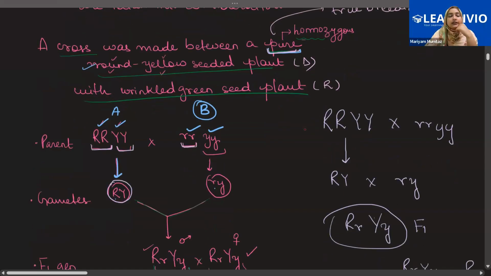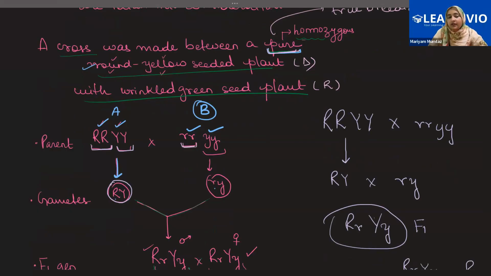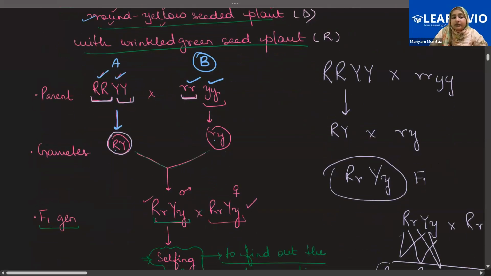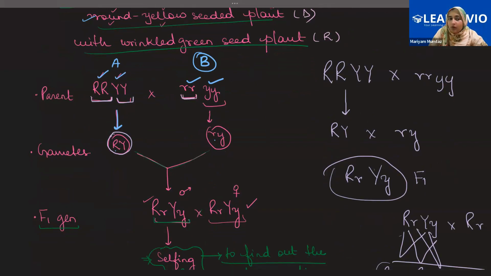So a cross was made between a pure, meaning homozygous, round yellow seeded plant, which is a dominant character, and a wrinkled green seeded plant. Round yellow will be represented as capital R for round, capital Y for yellow, because that's dominant, and small r for wrinkled and small y for green seeded plants.